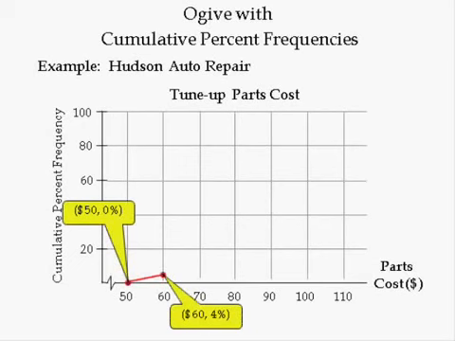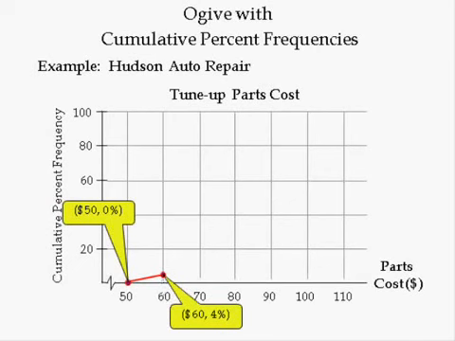The percent of invoices with parts costing at most $59 is 4%. Now this is the same as saying the percent of invoices with parts costing less than 60 is 4%. Hence the height of 4% at the value 60.